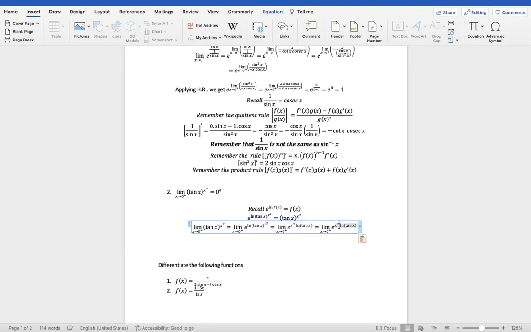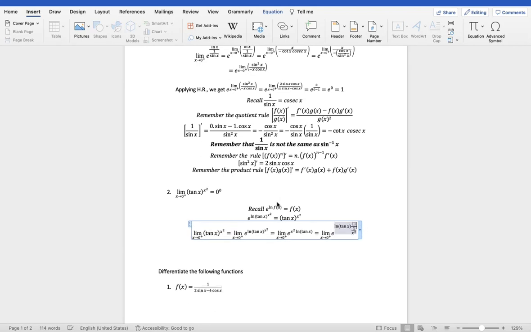We can take the x squared here into the denominator, in the form of 1 over x squared, just like we did for the previous example, right? Yeah.